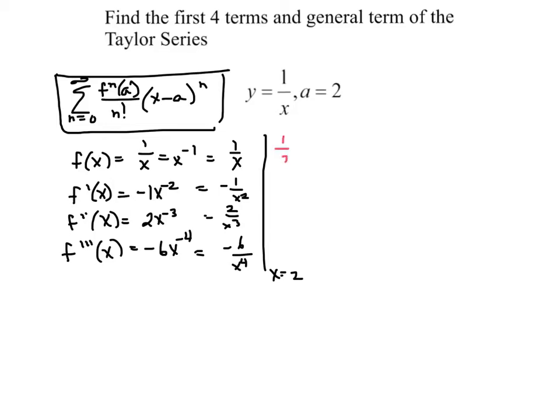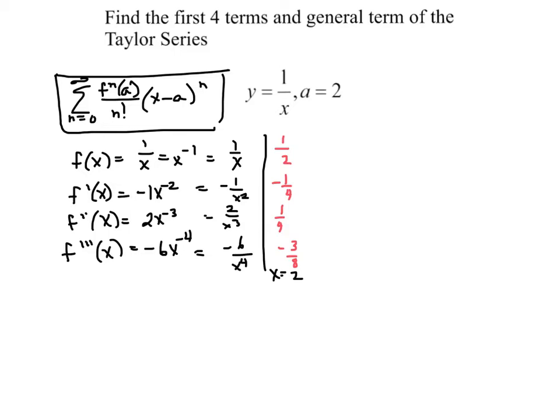So 1/2, negative 1/4. Now 2 over 2 cubed, so 2 over 8, that's positive 1/4. 6 over 2 to the fourth, 2 to the fourth is 16, so this is negative 3/8. Okay, this doesn't look like a real nice pattern, so we're going to have to see what happens.